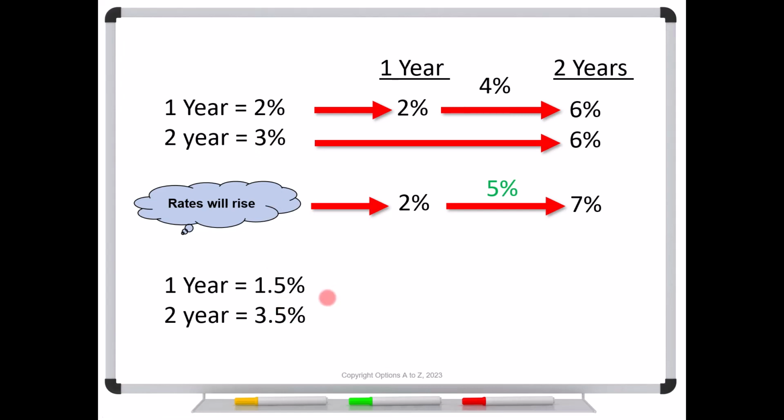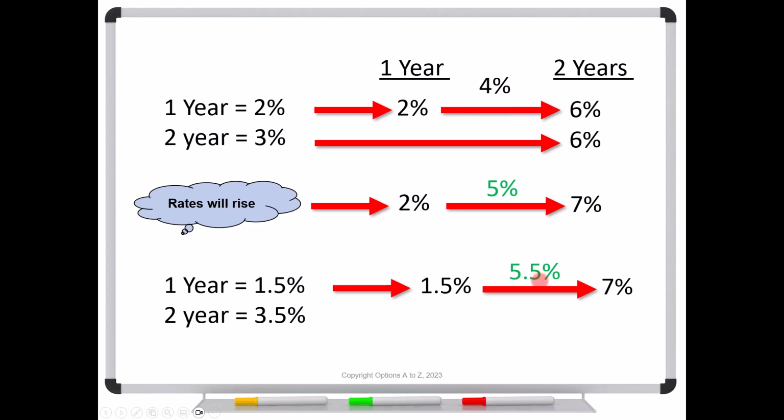So for example, let's say that the investors push the yields on the 1 year down to 1.5% and up to 3.5% on the 2 year. Well, what would happen now is you could invest for 1 year, let's say at 1.5%, and then if rates do in fact rise to where you can get 7%, that would now give you an implied forward rate of 5.5%.